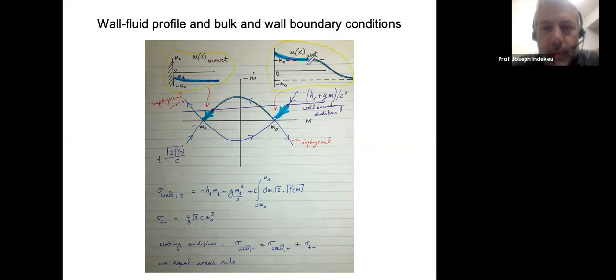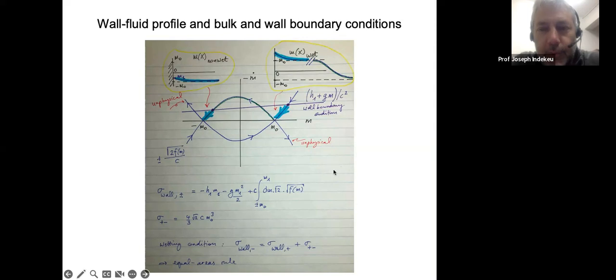And this coexistence is called the first-order wetting transition, because in going from one state to the other, we will need to make a jump from one profile to another, a discontinuous jump. And this discontinuity is reflected in a jump in the wall values, from this value to that value here.